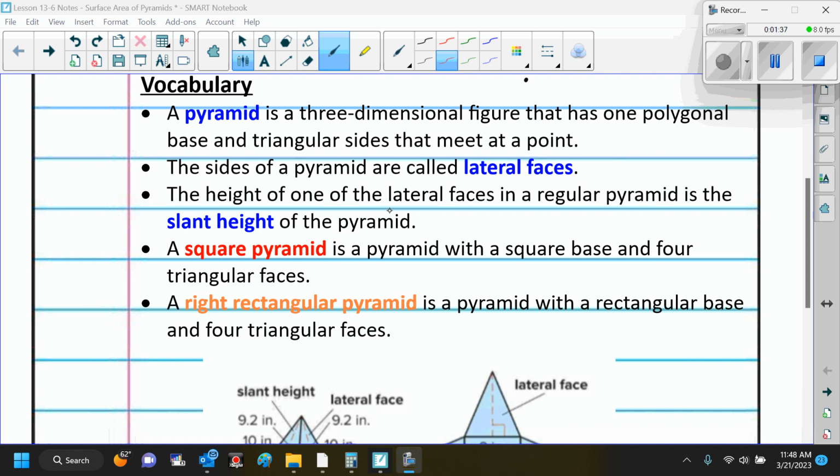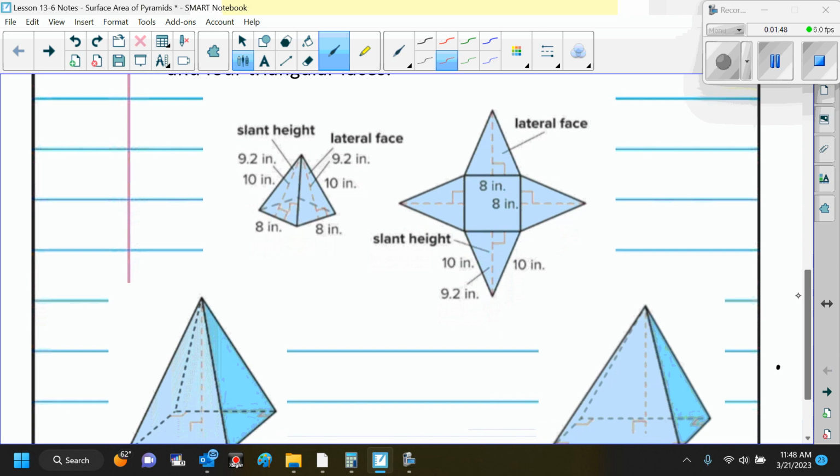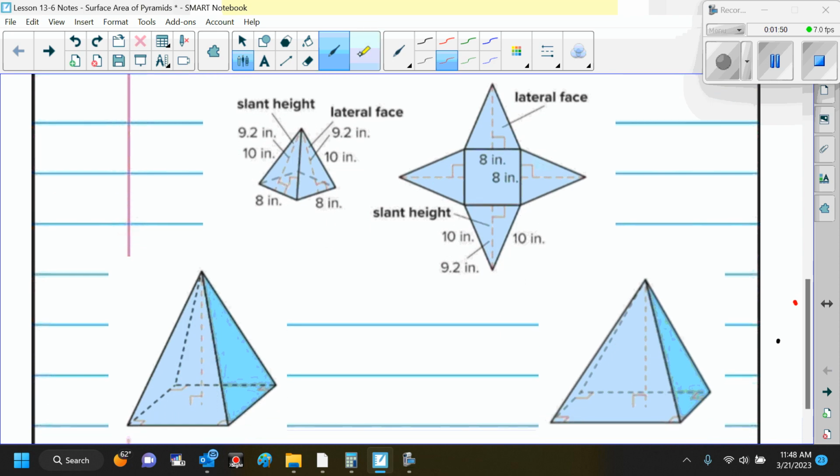The height of one of the lateral faces in a regular pyramid is called the slant height of the pyramid. Let's go back to our pictures and look at the slant height. I'm going to do this in pink. The slant height is the height of a lateral face. You see how it drops down to a right angle there? This is the slant height.